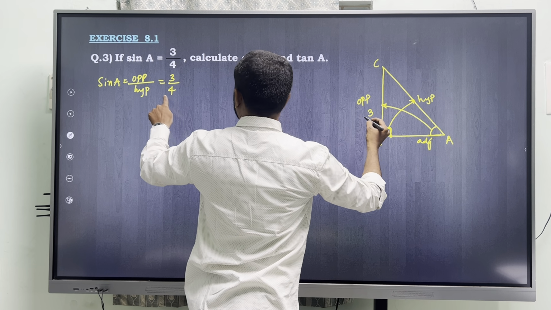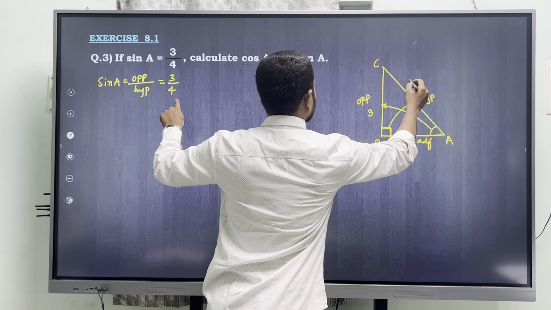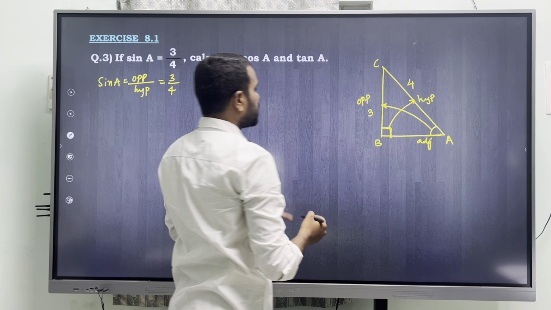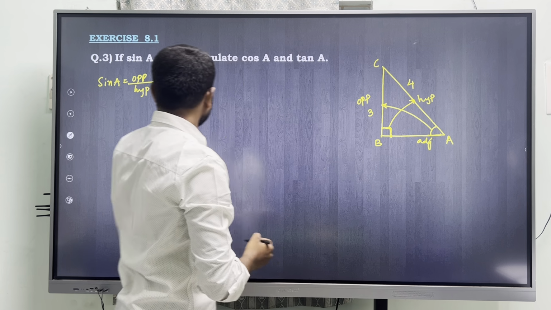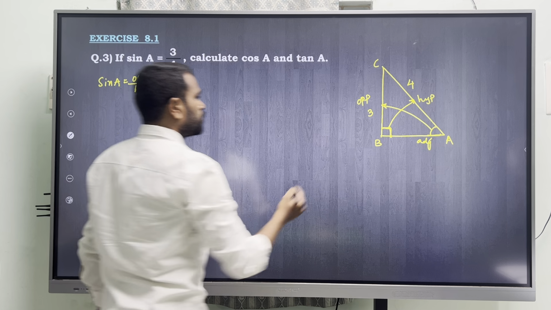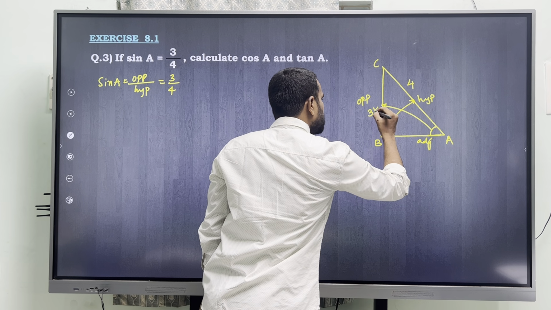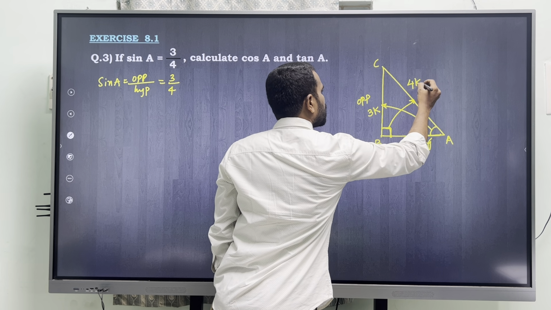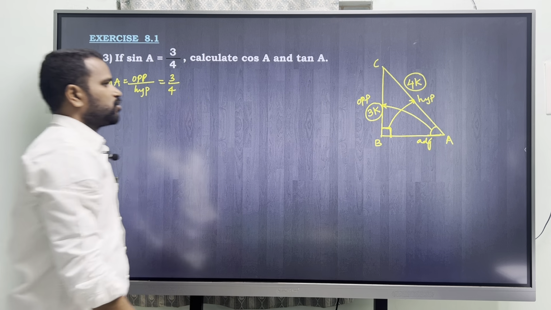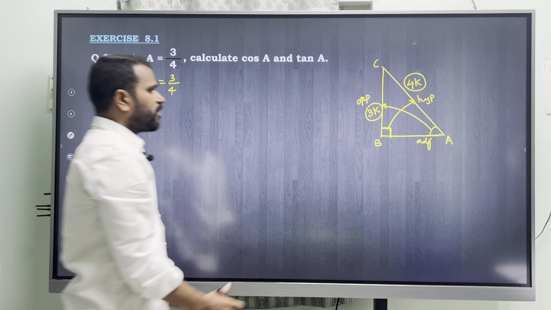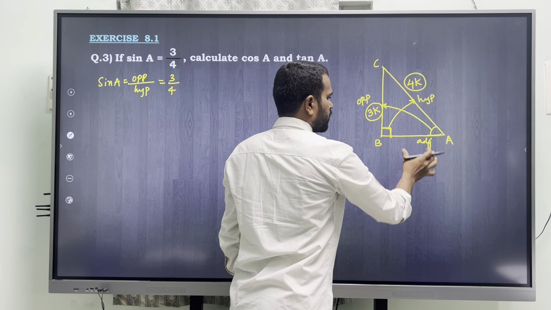Opposite is 3 and hypotenuse is 4. But this is not the length, it is not 3 centimeter, 4 centimeter, it is the ratio 3 upon 4. So we take it as 3k and 4k. This is the ratio.